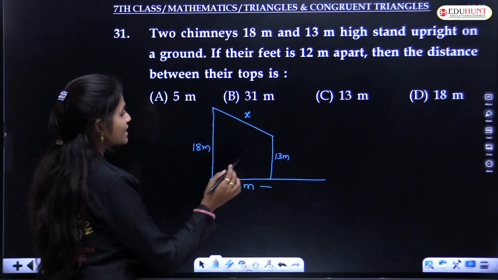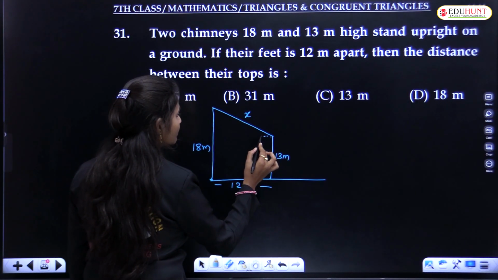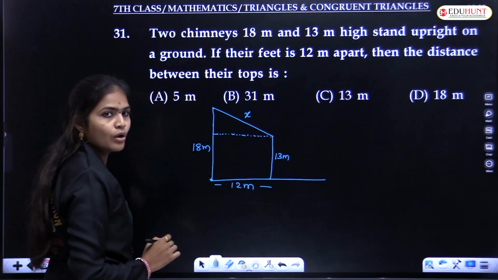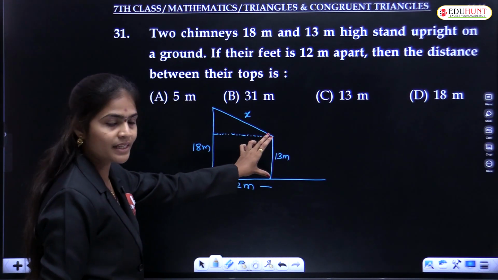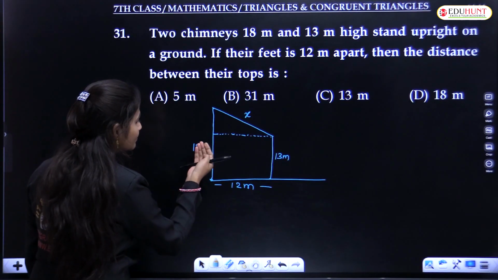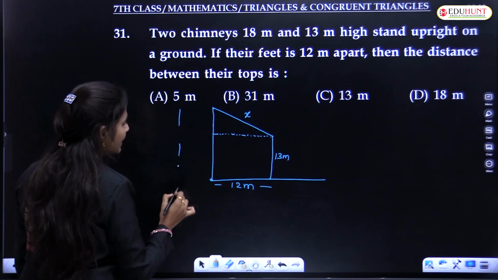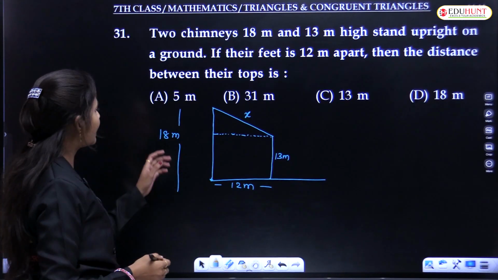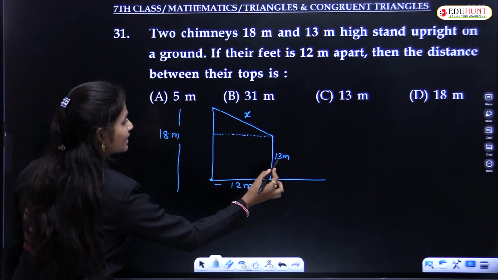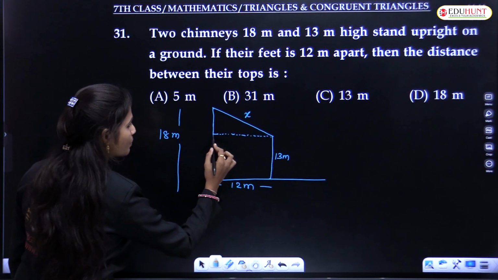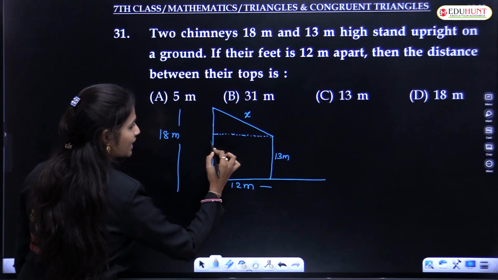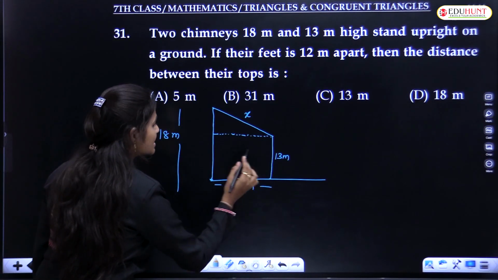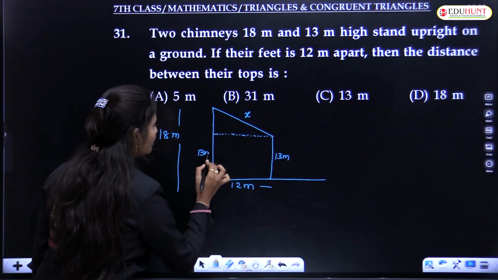Children, we can draw this another way also. Take a dotted line here. Why? Because this is 13 meters, and completely this is 18 meters. Here we can observe a rectangle, and in a rectangle opposite sides are equal. So this is 13 meters.